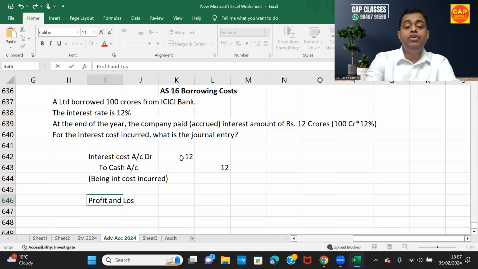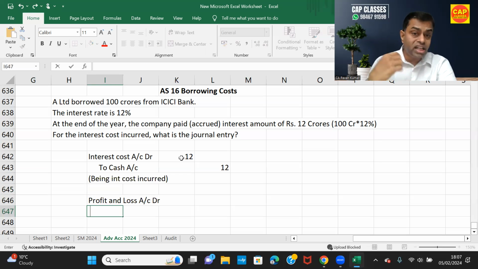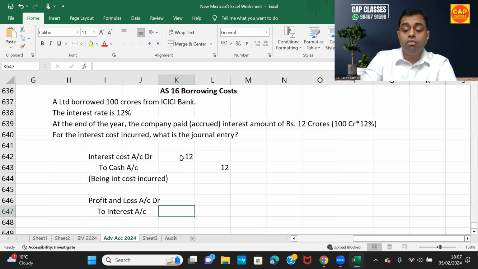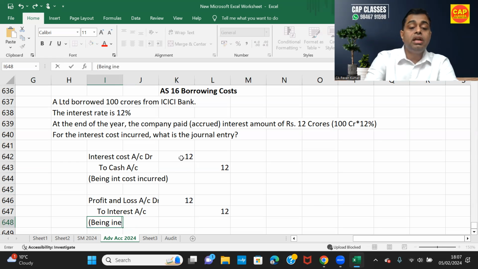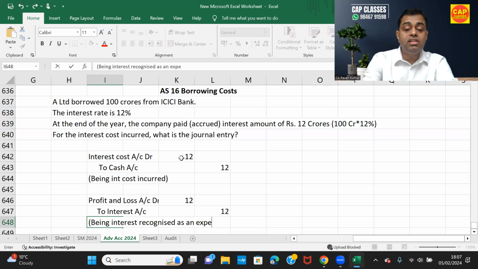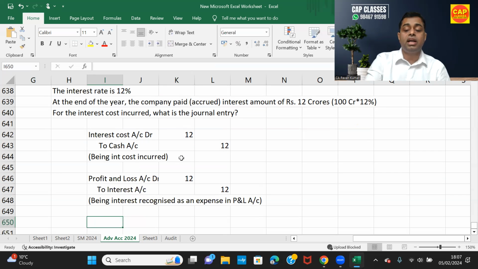If you are preparing profit and loss account, assuming that it is a ledger account, like our traditional accounting, can I say profit and loss account debit to interest account 12 crores, being interest recognized as an expense in P&L account? Yalni, Devika, all of you, please tell me, do you agree with this?